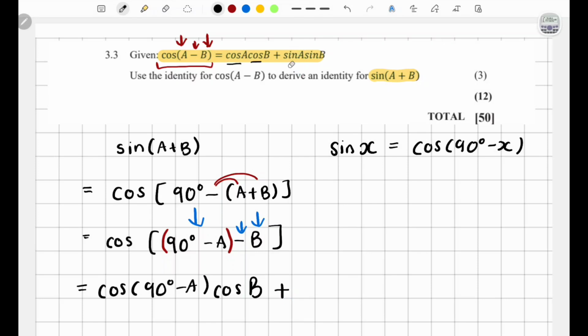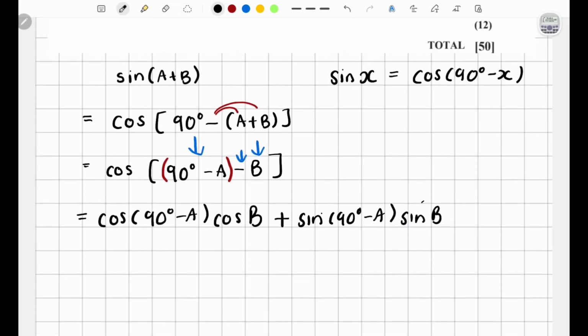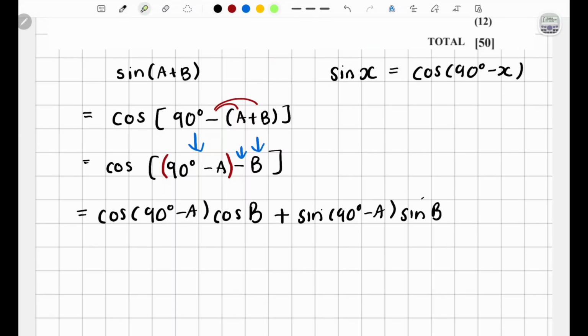Then they have sine of A, meaning sine of whatever our first angle was, which was 90 minus A. And then they have sine of B, meaning sine of our second angle, which here is just B.